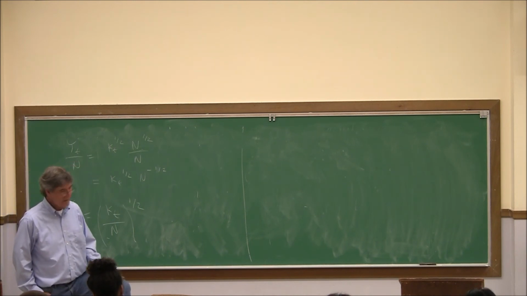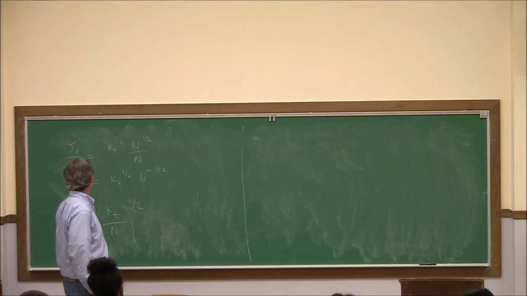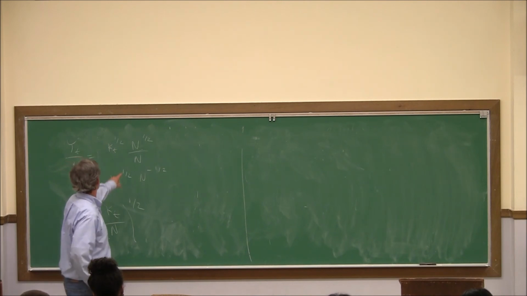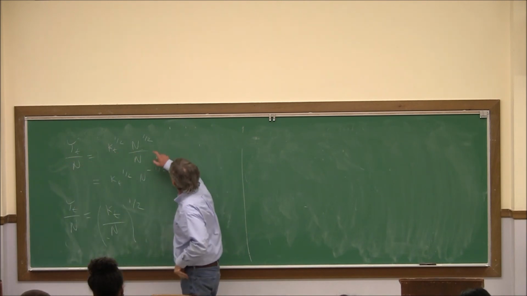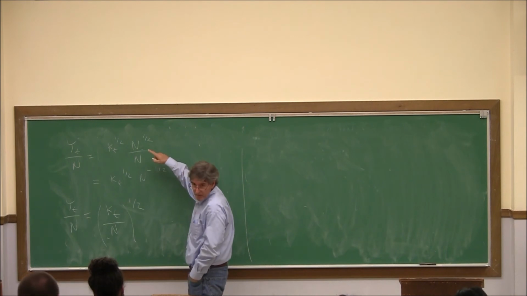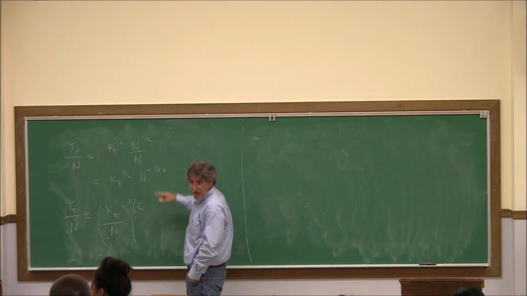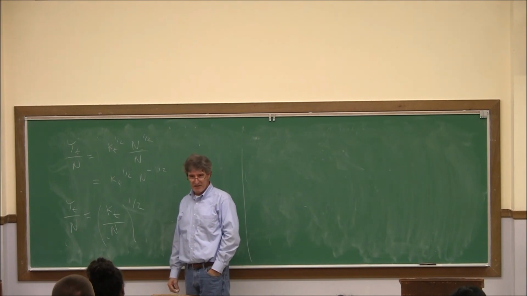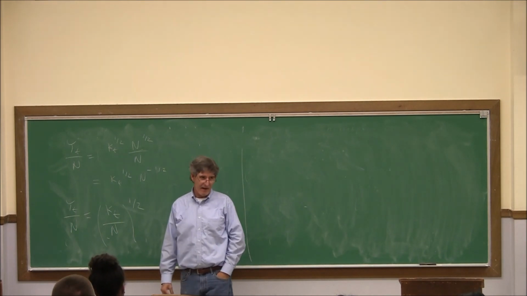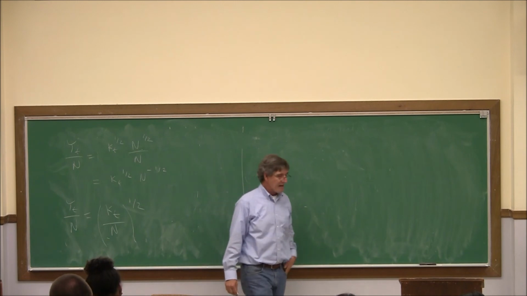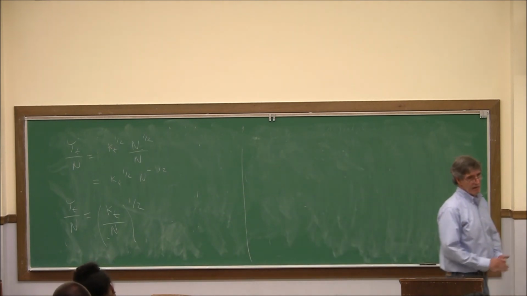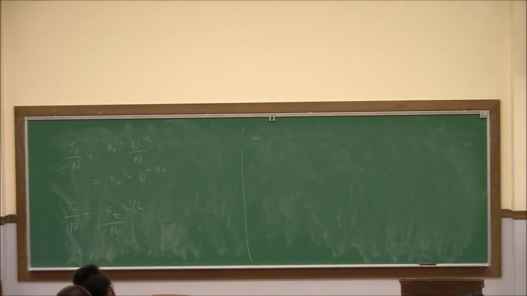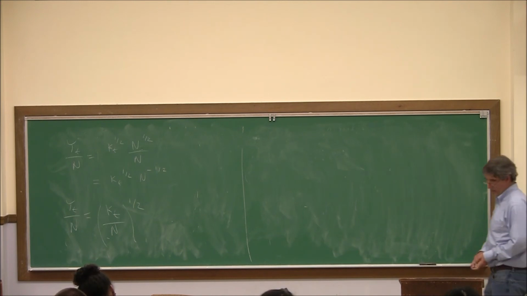L disappears? Or you divided by N and over N? Oh, was I using L? No, I slipped into a different notation. Okay, L equals N. I'm so sorry. No, you're not crazy, I am. My fault completely.